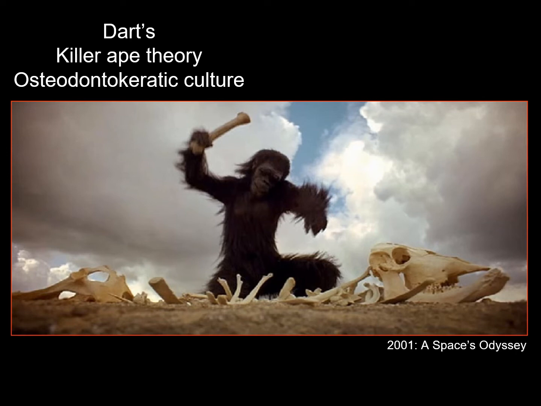And so he thought that africanus was actually intentionally modifying these bones to be used as tools, and he named this the osteodontokeratic culture. So osteo means bone, donto means teeth, keratic means horn. So he literally thought that africanus was making bone tools so it could hunt other animals, hence killer ape.